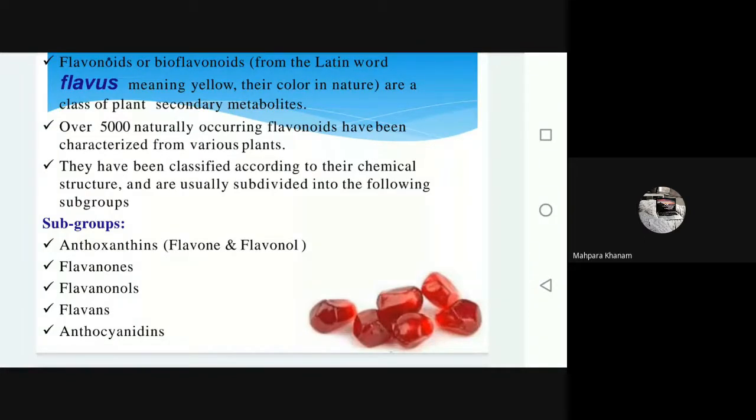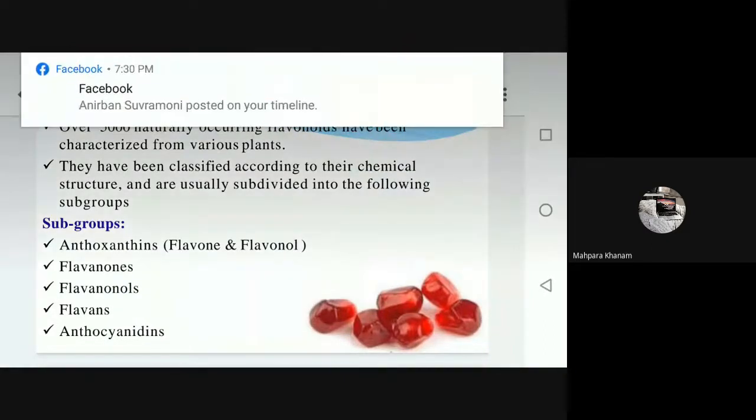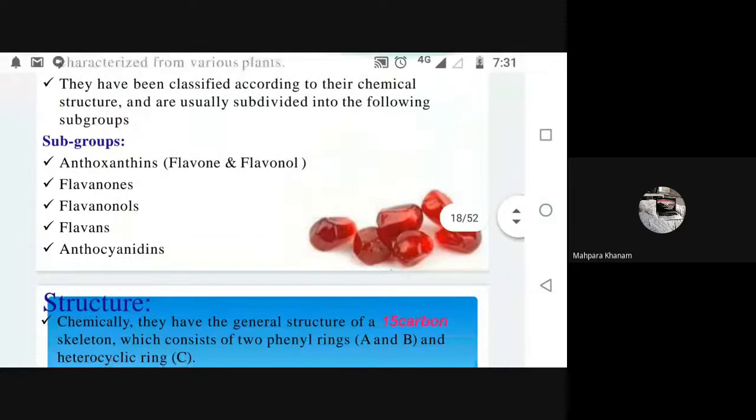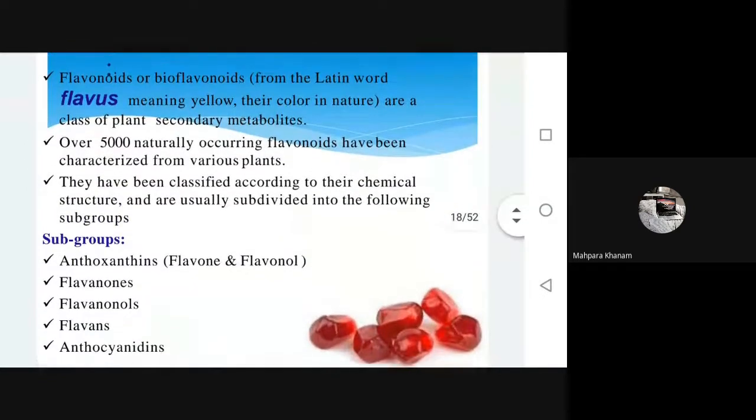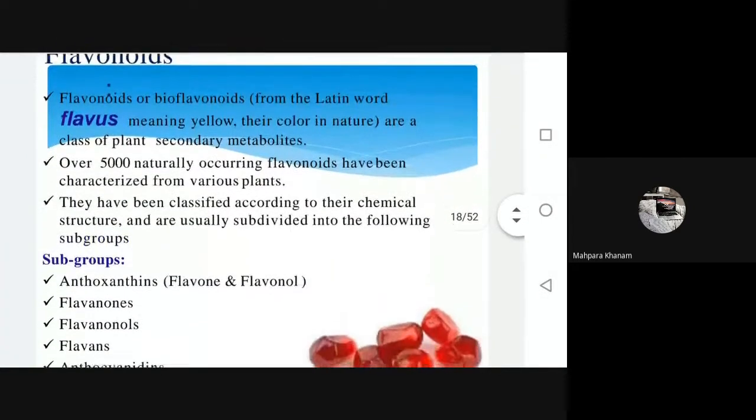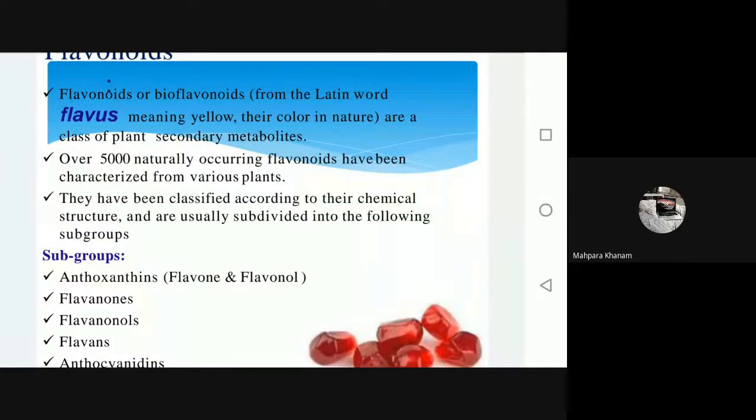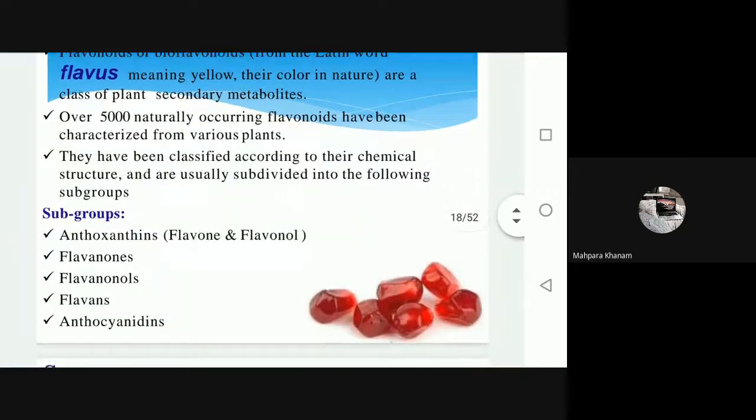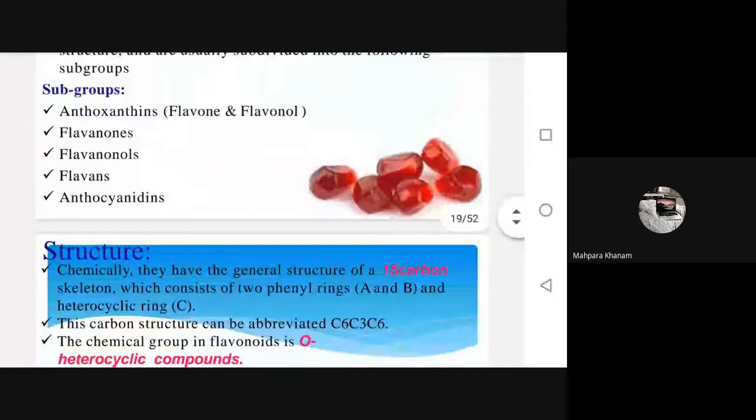Sometimes they will give you a vegetable or a fruit and ask what type of pigment will be present in this. So you have to remember which particular vegetable is rich in which pigment. Again, flavonoids impart yellow color, and their subgroups include all these components.